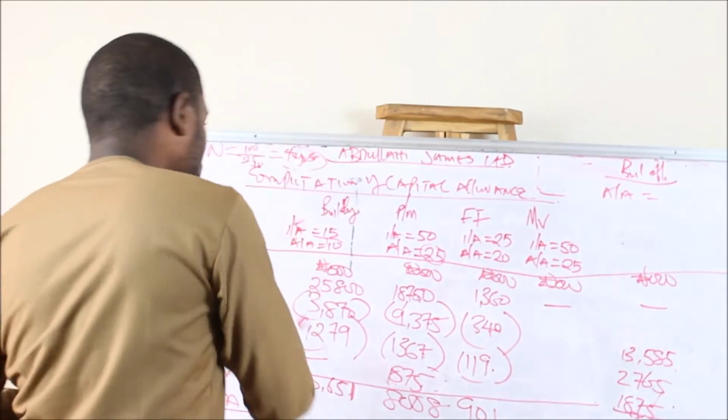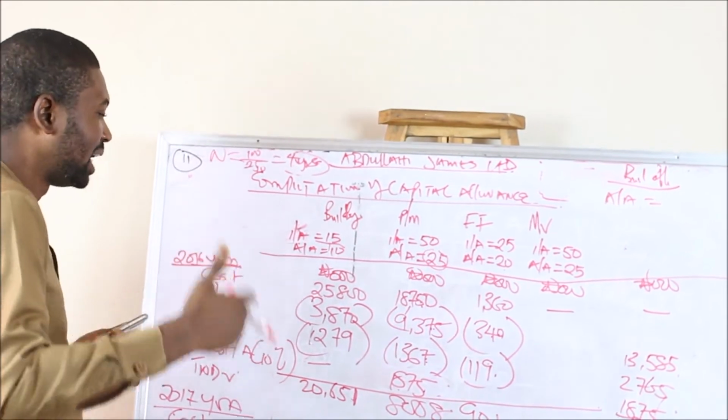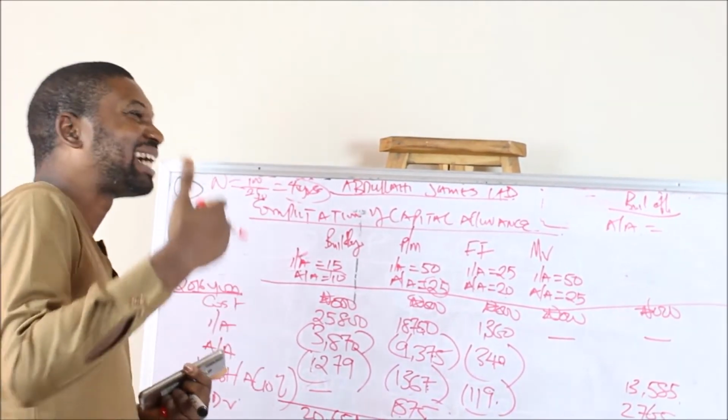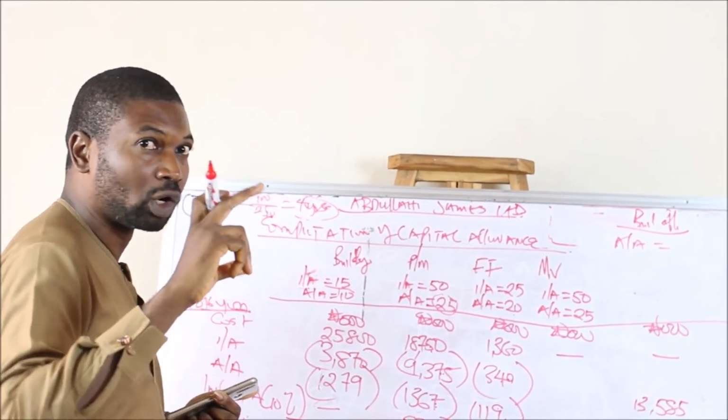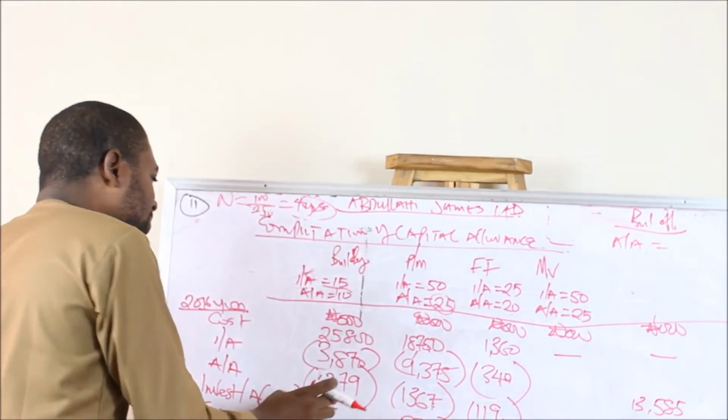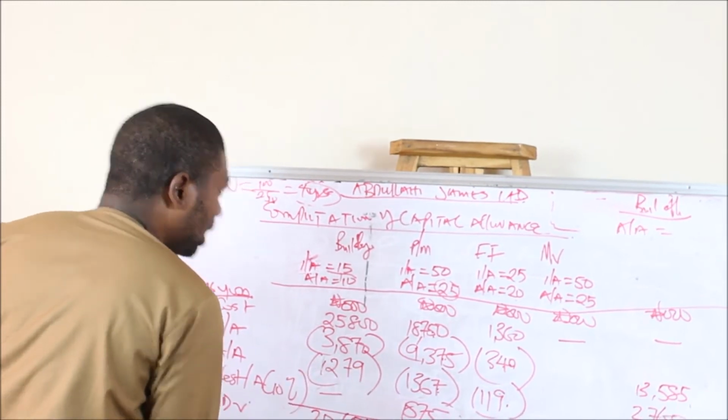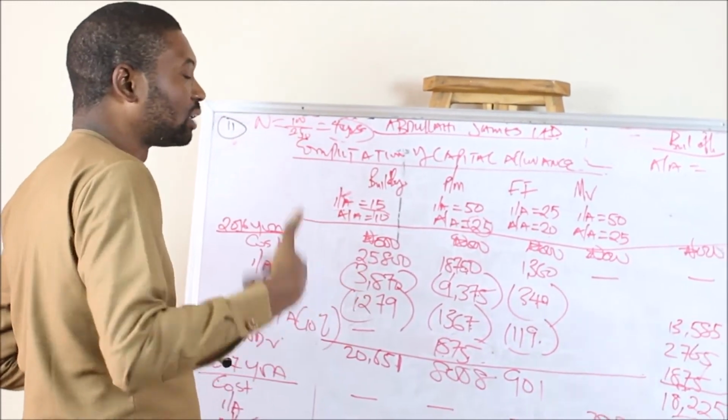So also here, since the company commenced business on the 1st of June, the capital allowance in that year will not be in full for annual allowance. It's not going to be in full. So we cannot record this figure here, because the first year is less than 12 months.